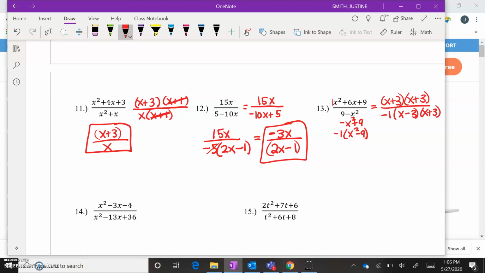If we left it as negative x squared plus 9, you could still do difference of squares, but then you'd have to still take out a negative 1 so that you could cancel out one of these factors. So always look to factor out that negative 1, and then your answer here is x plus 3 over negative 1 times x minus 3.